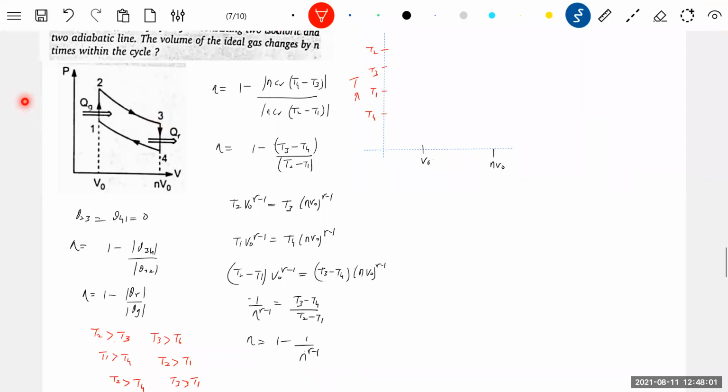Now you indicate the points. Point 2, temperature T2, volume is V0. Point 3, temperature T3 and volume is V0. Point 4, temperature T4, volume is eta V0.